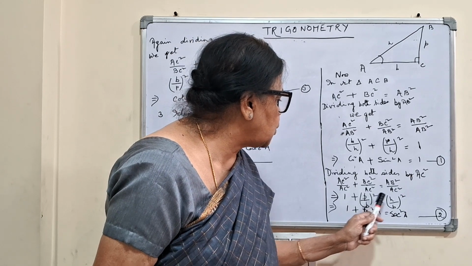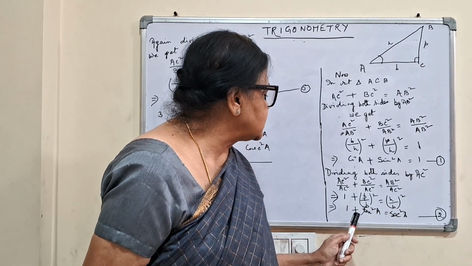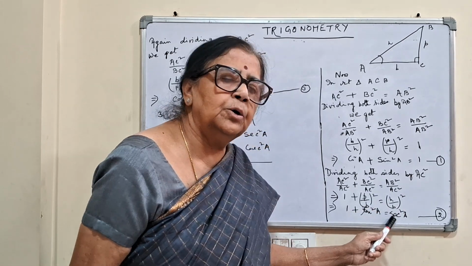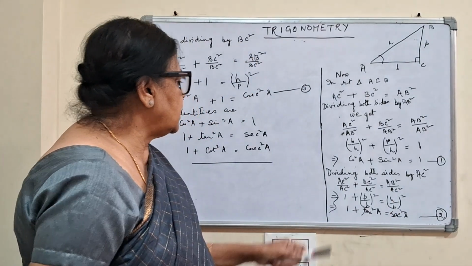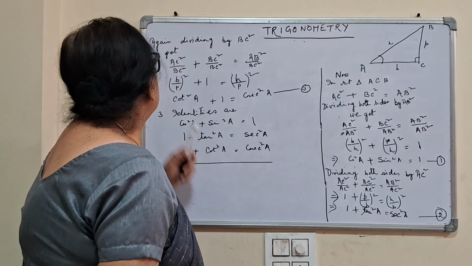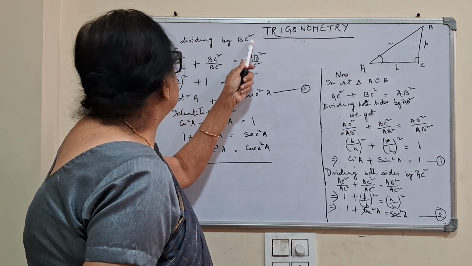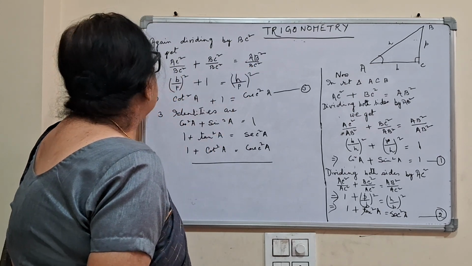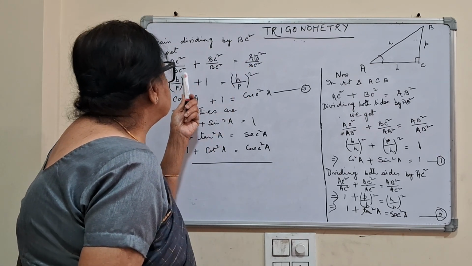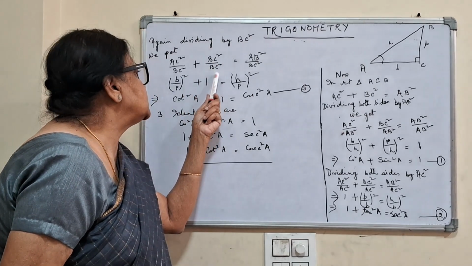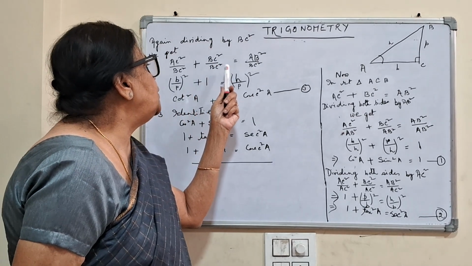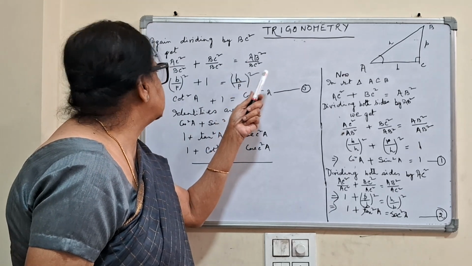So 1 plus tan square A is equal to sec square A. Then again dividing by BC square, we get AC square by BC square plus BC square by BC square is equal to AB square by BC square.